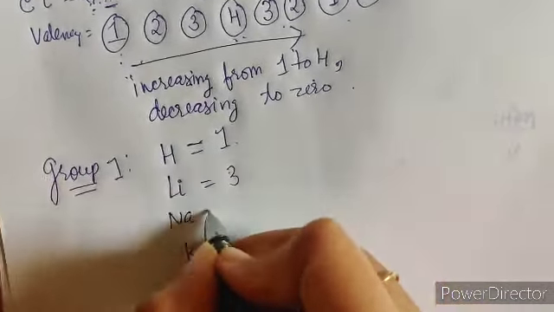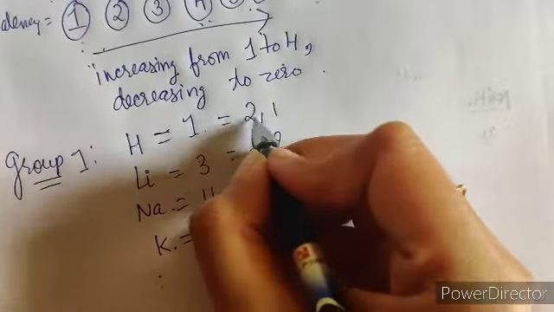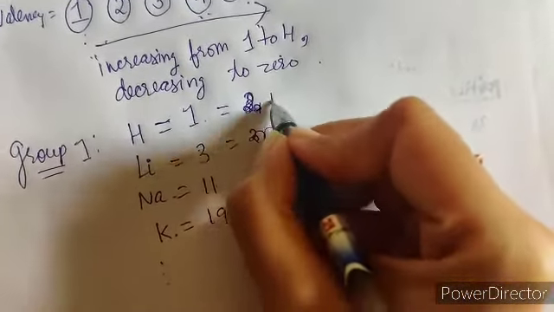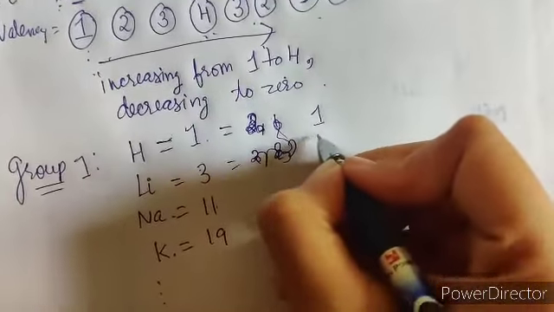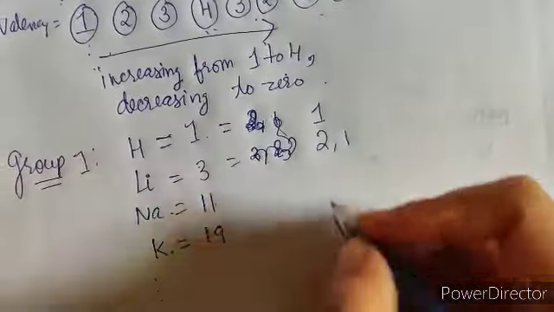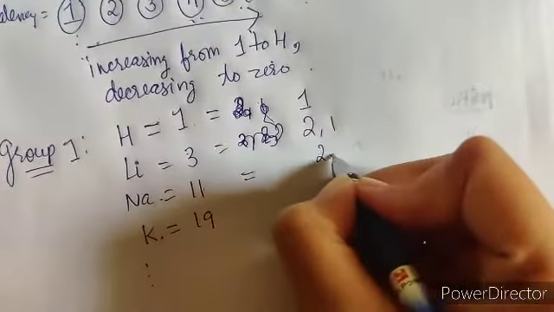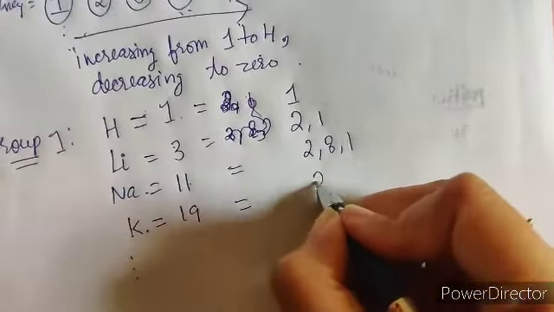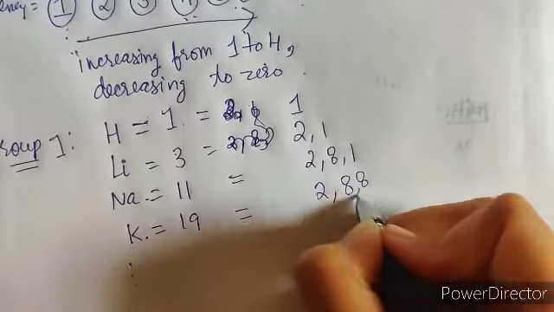Draw the electronic configuration: 1 for hydrogen, 2,1 for lithium, and so on for sodium and potassium.